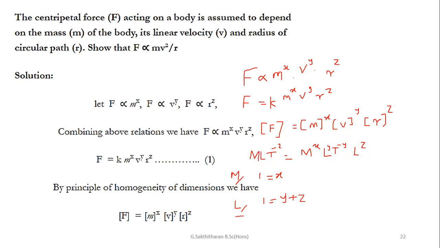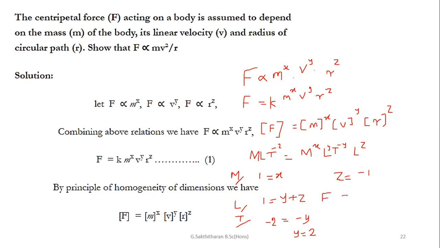Then equating the power of time: minus 2 equals minus y, so y equals 2. Putting the value in the equation, z equals minus 1.